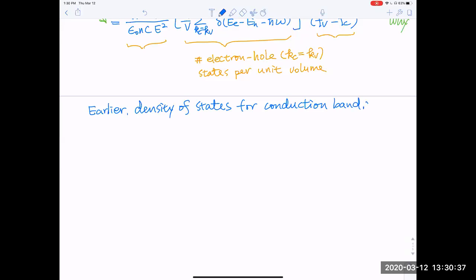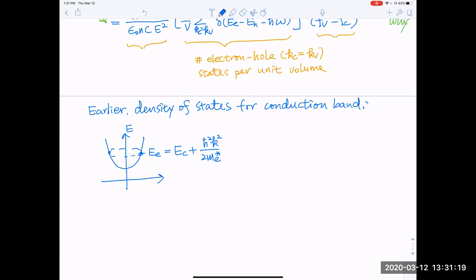Well, in the conduction band, here's the conduction band in K space, E. For a particular electron energy, E_e is equal to E_C plus h bar squared k squared over 2 m_e star. Okay. So if we want to find out this electron energy, how many states are like this in the conduction band?